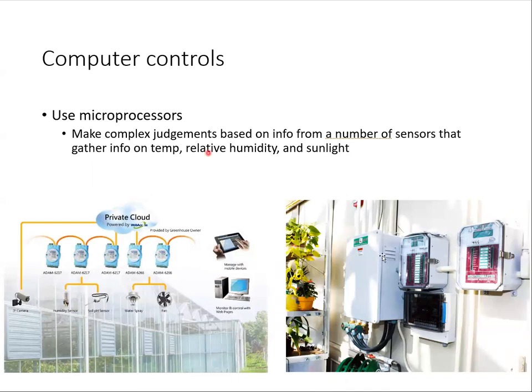So those computer controls, these are central controls with a lot of sensors, and you end up being able to monitor and adjust what's happening automatically. You can set parameters that say I need my humidity level at 75% and I need my temperature to be held at 75 degrees, and the automated system will adjust for that.